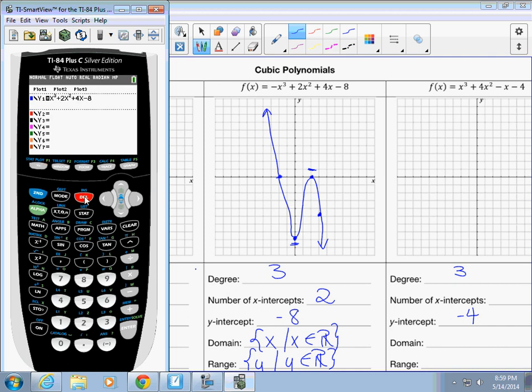So x cubed plus 4x squared minus x minus 4, right? x cubed plus 4x squared minus x minus 4.